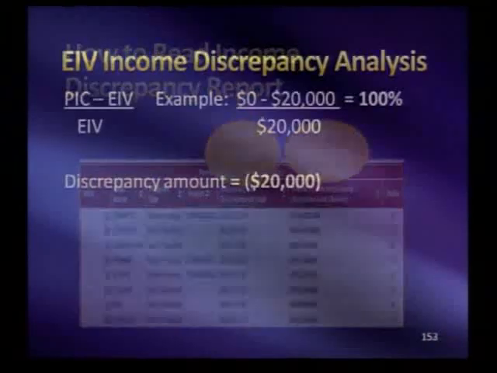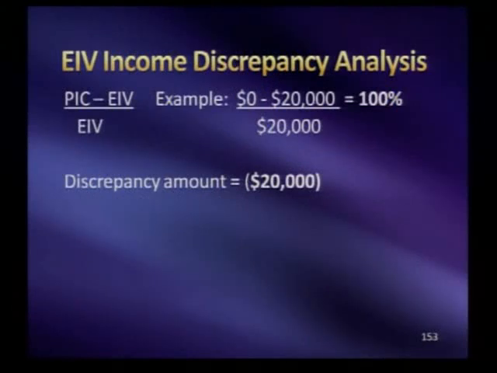But we're going to still go through the income discrepancy analysis, what's going on behind the scenes. It's PIC minus EIV divided by EIV equals the actual discrepancy amount. That's algebraic number 3, okay? So PIC minus EIV divided by EIV, and then the actual percentage result will determine whether or not the family will actually go on the report.